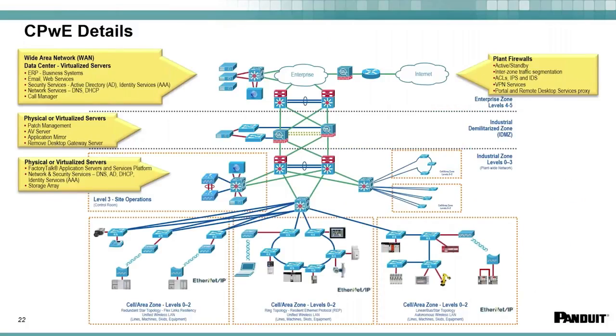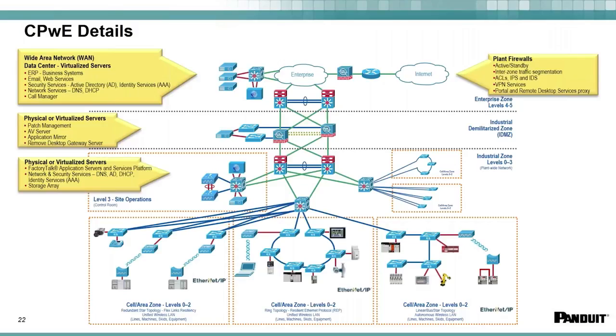So going into a little bit more detail on the CPWE, we've broken down some of the different areas. For our solutions, a lot of times we'll be doing a plant-wide enterprise type configuration, using pre-configured integrated solutions at the enterprise level, and then moving into the micro data center, industrial data frame for the communications between the enterprise and the plant floor.